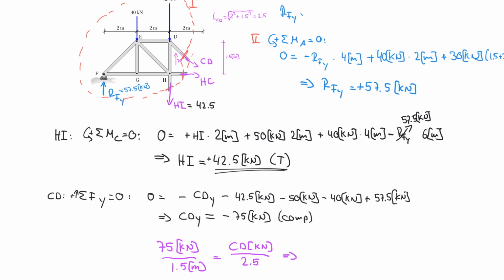And therefore CD is actually equal to 75 kilonewton divided by 1.5 multiplied by 2.5. And that then is equal to 125. So 125 in compression. And that is a result again.